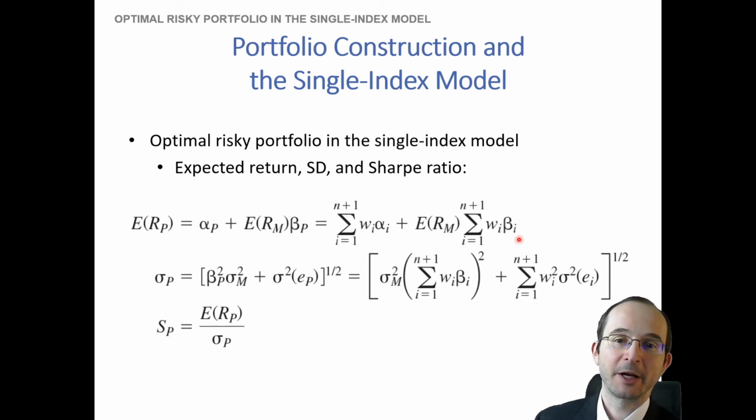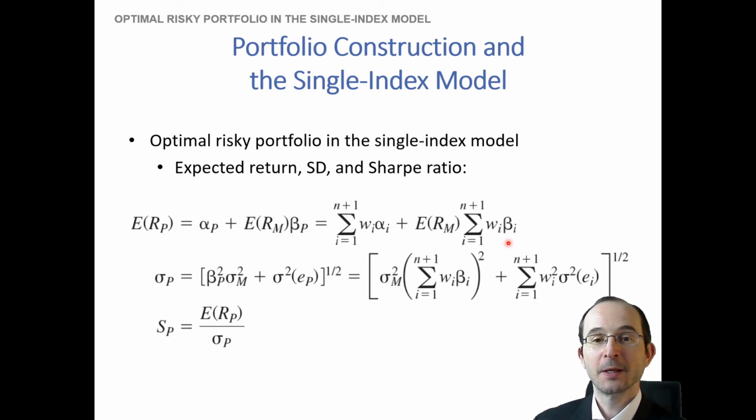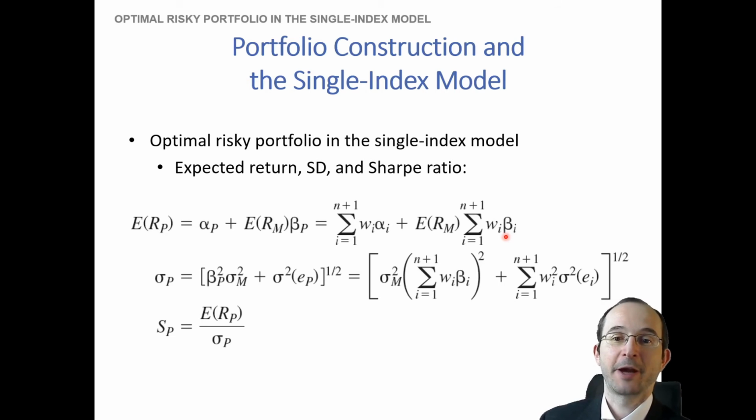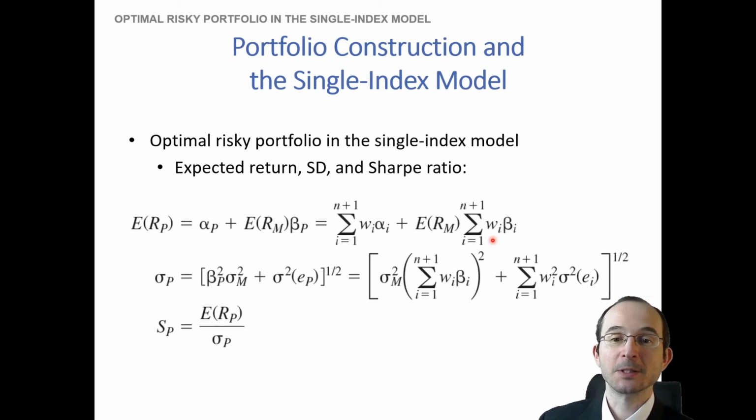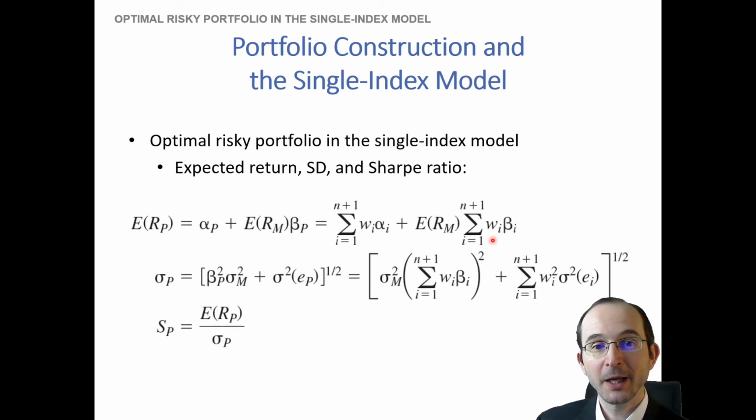Some of them are going to have higher betas, some are going to have lower betas, but since their exposures to the risk factor are, again, linear, all we need to do is weight the betas of the individual portfolio constituents by whatever proportion of our portfolio they constitute, consistent with what we learned in portfolio theory, and then add them up.